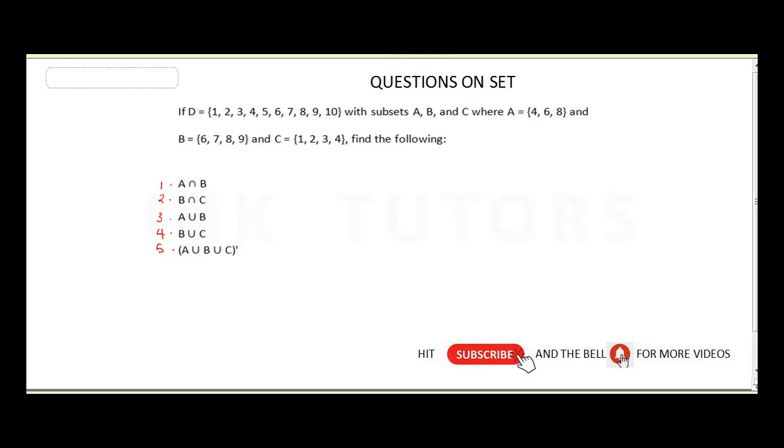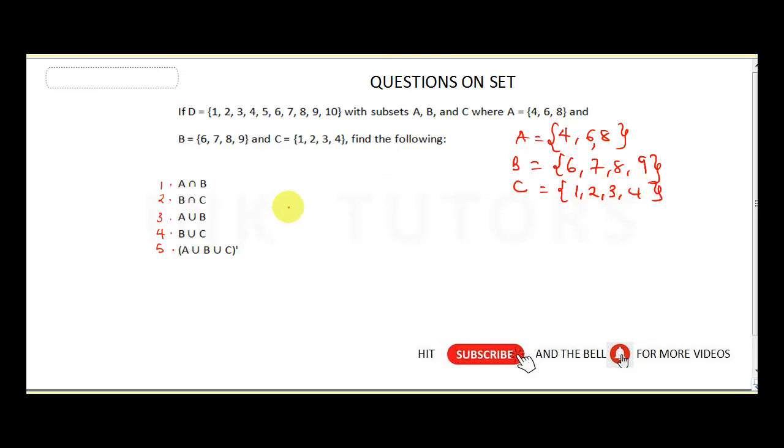Find the following. To solve this question, the first thing we're going to do is represent my A. It's 4, 6, 8. My B, it's 6, 7, 8, and 9. While my C, it's 1, 2, 3, 4.